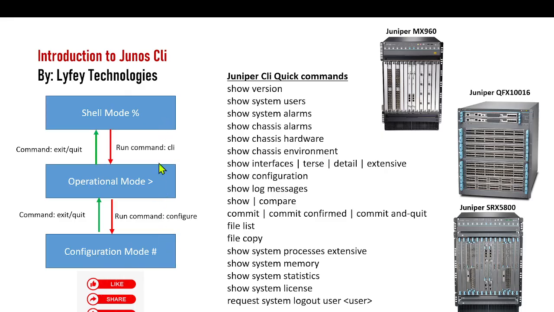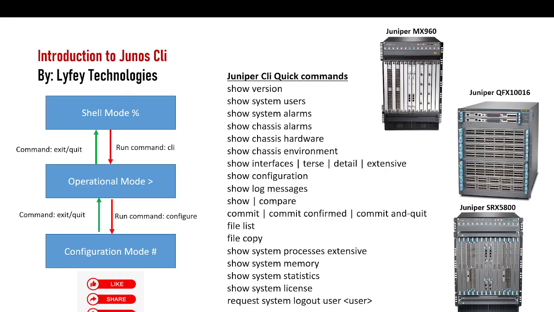These three modes are used for different purposes. In the operation mode, of course, you can use the basic show commands that you run on the devices. In the configuration mode, you can start configuring protocols like OSPF, BGP, and interface parameters. So these three modes are available on Juniper devices.